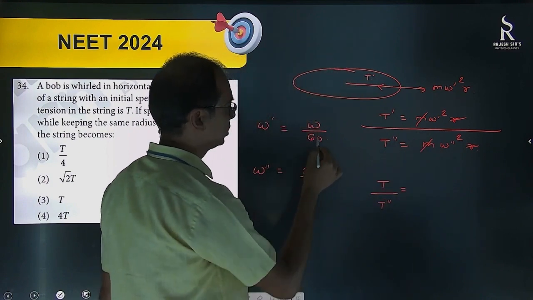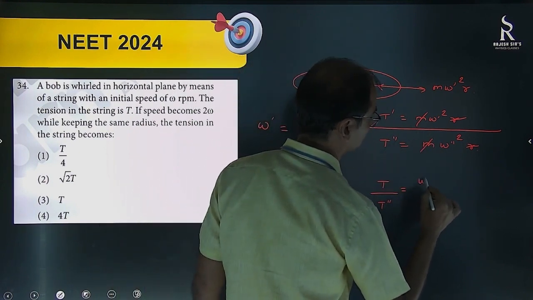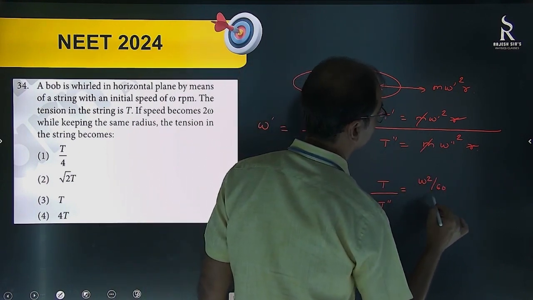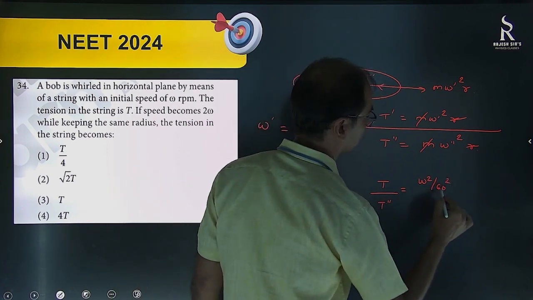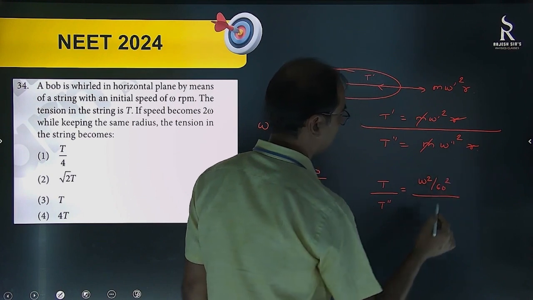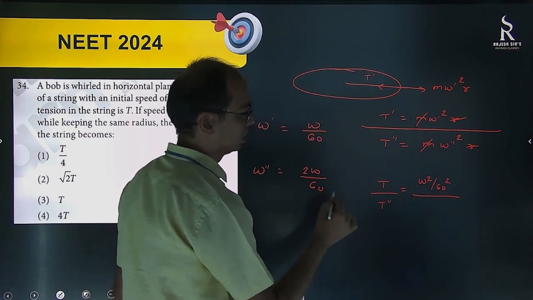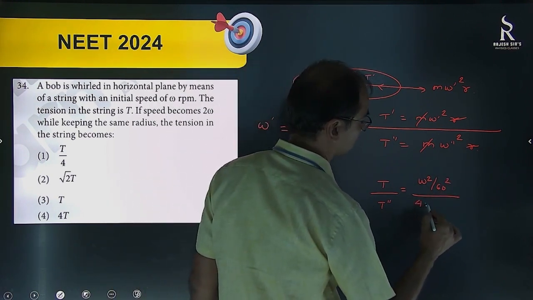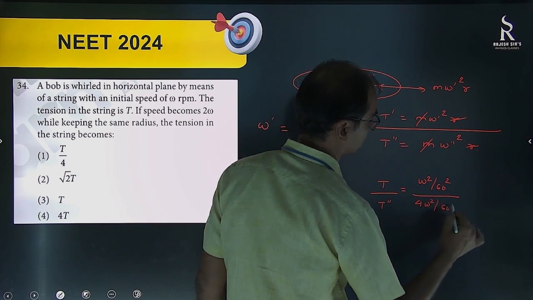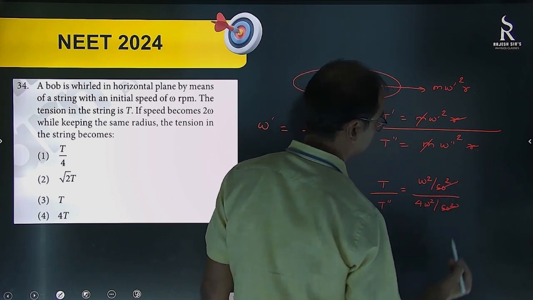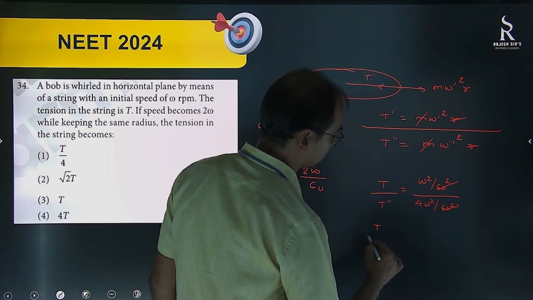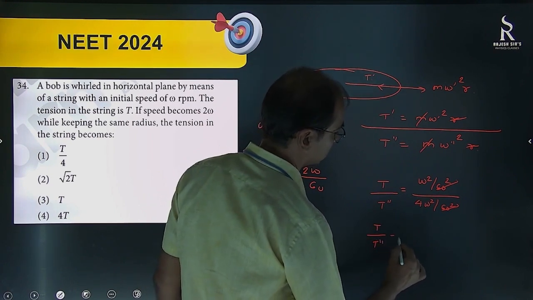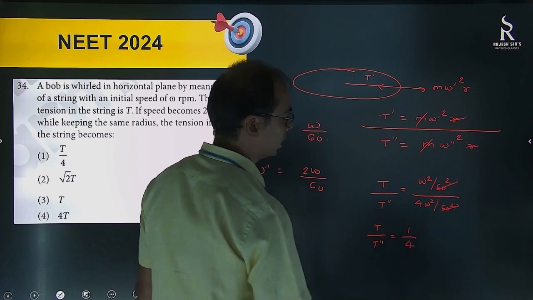Now omega dash is omega by 60, so omega square by 60 square. Whereas here is omega double dash, so 4 omega square by 60 square. So 60 square is cancelled. Omega square cancels. So T by T double dash is equal to 1 by 4. So T double dash is 4 times T.